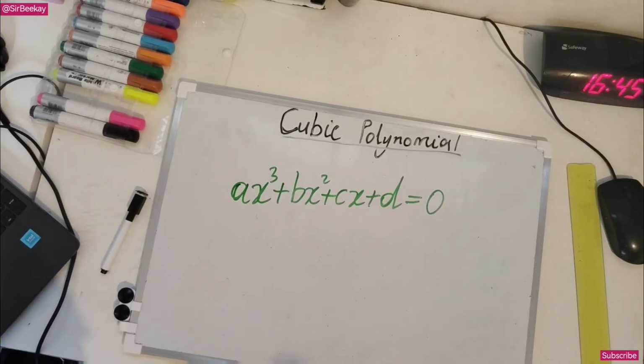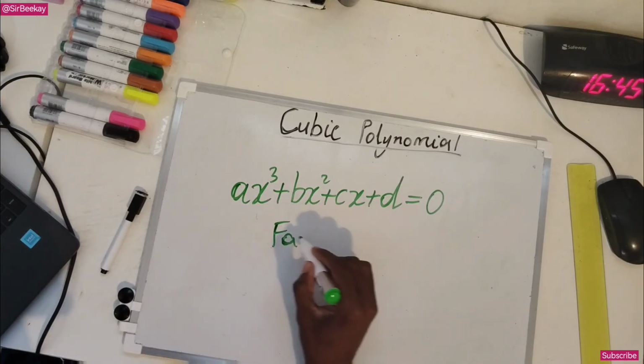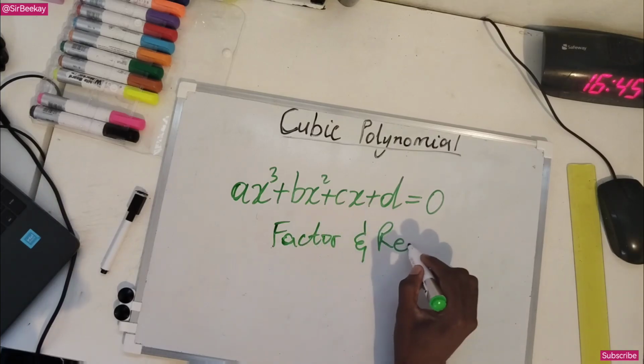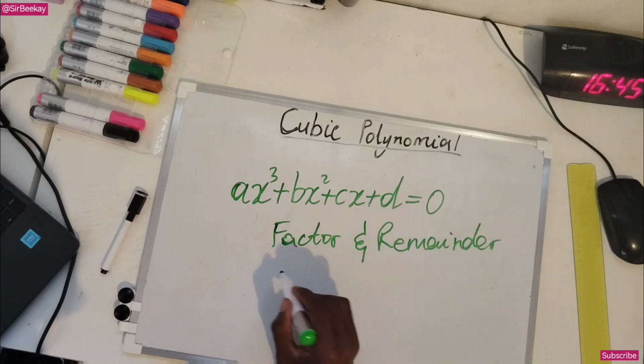Firstly, we need to use something called the factor and remainder theorem.